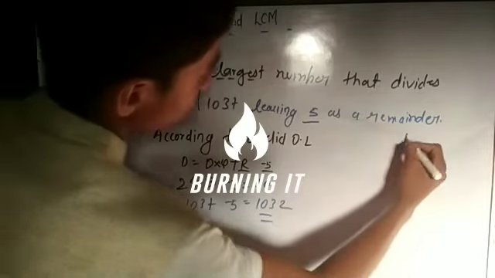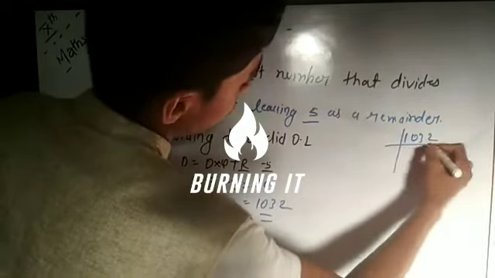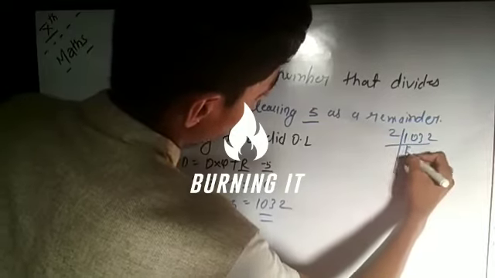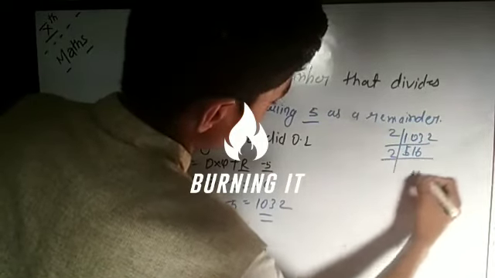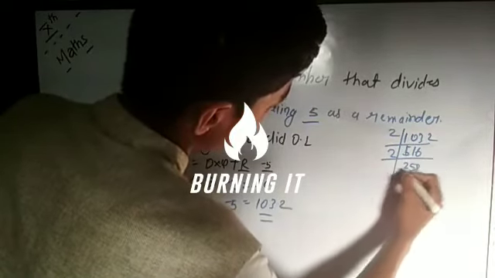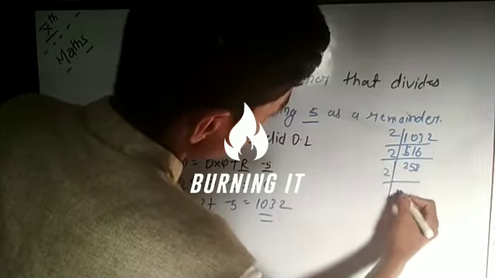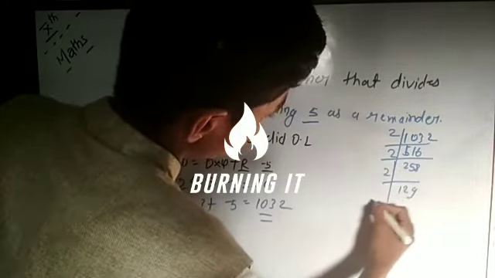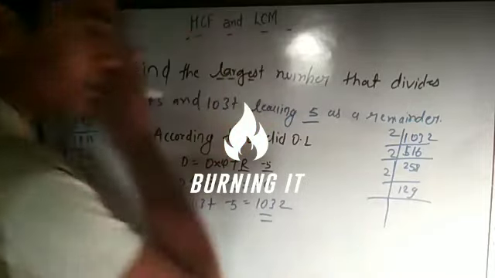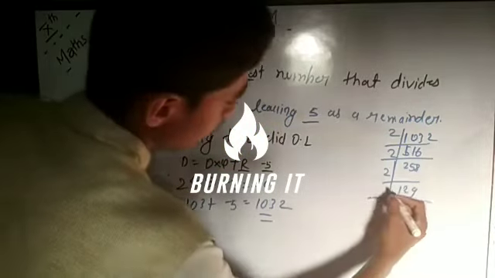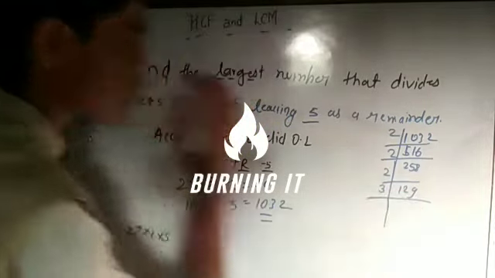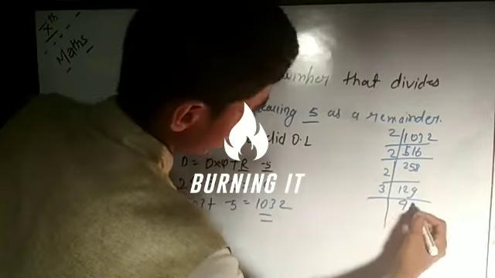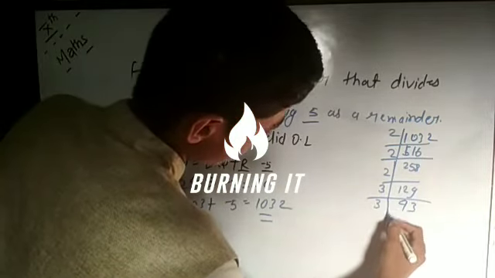What about 1032? How can we decode it? By using prime factorization only. 1032 divided by 2 is 516, then 2 gives 258, then 2 gives 129. Then 129 divided by 3 gives 43.